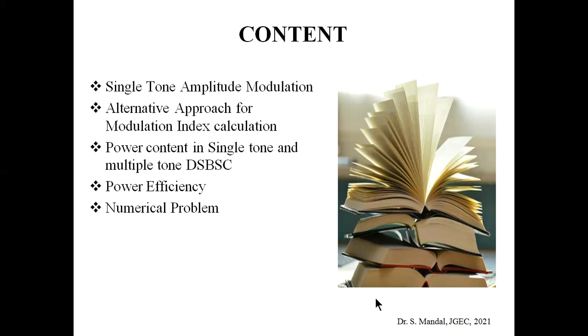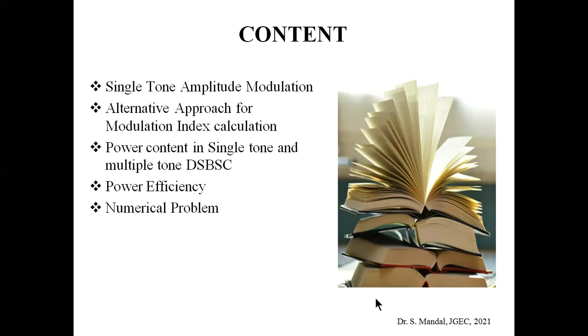So that is DSB-FC and DSB-SC. Moreover, we have also observed the spectrum and the time domain representation of the DSB-FC and DSB-SC signal, and we have observed that the bandwidth requirement for DSB-FC and DSB-SC is double the bandwidth of the modulating signal.